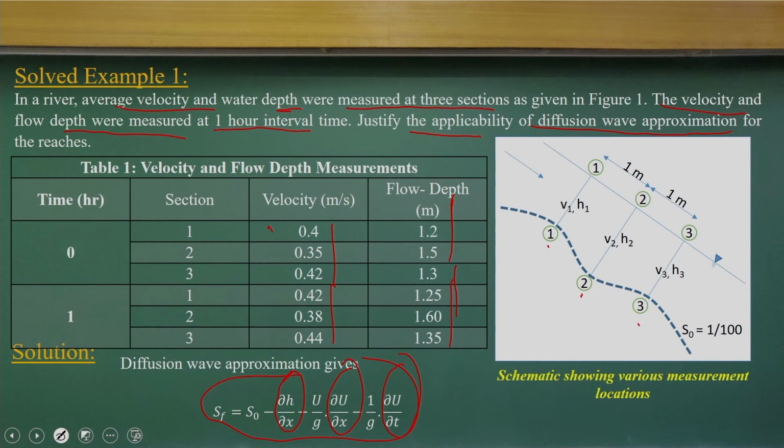So we look at the temporal gradient of the velocity, the spatial gradient of velocity, and del h by del x. Then we look at the significant order of each term. If a term is not of significant order, then you can approximate it as a diffusion wave.